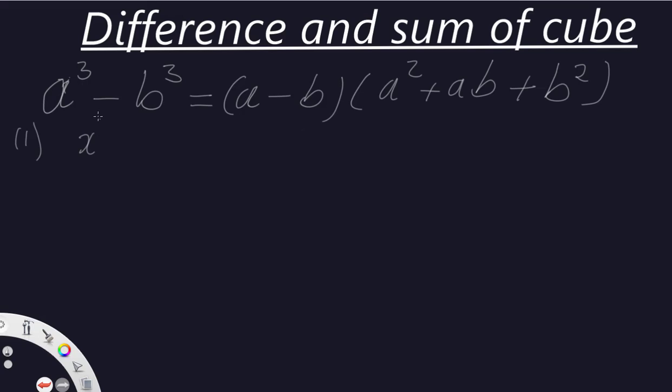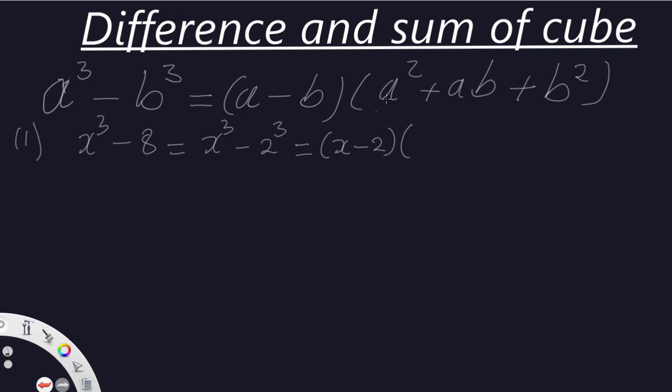For example, we have x cubed minus 8. We found that 8 will be 2 to the exponent 3. So your a is x, and your b is 2. So you can factorize it as x minus 2, like this. Remember your a is represented by x, and your b is 2.